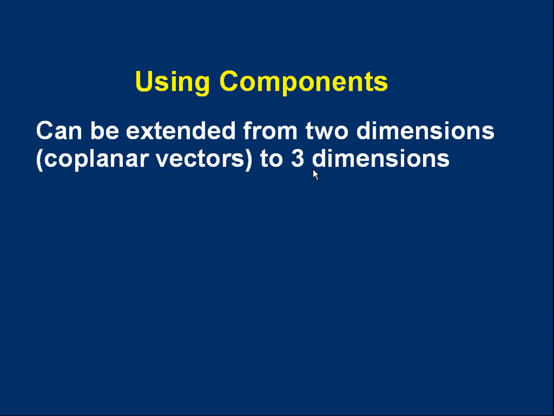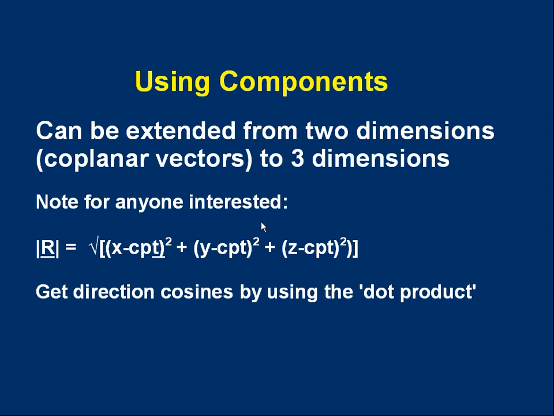And for anyone interested in the mathematics, I will make a note here that in 3 dimensions the magnitude of the resultant is the square root of x component squared plus y component squared plus z component squared. And we can get the direction of the resultant by using things called direction cosines, which can be found by using something called a dot product.